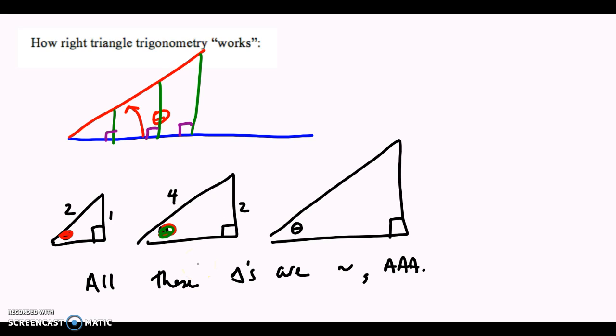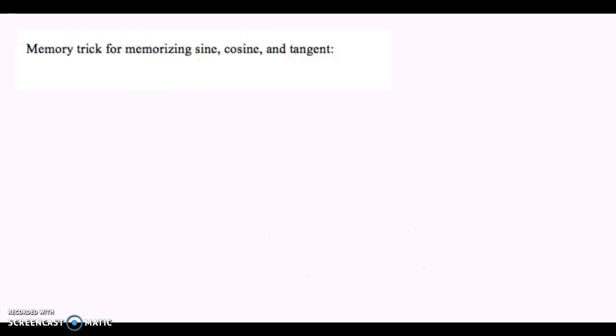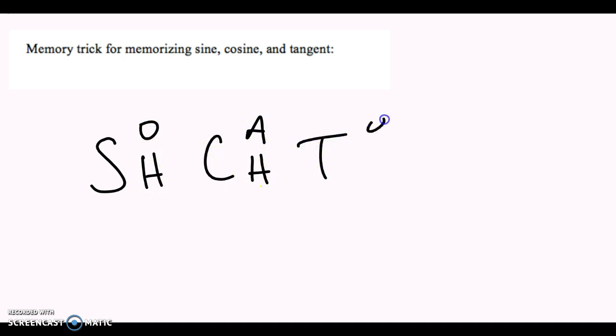Sine theta is always going to relate the opposite and the hypotenuse side for a particular angle, because every triangle formed from that one angle, given that it's a right triangle, will have a particular proportion. We already went over the trick for memorizing sine, cosine, and tangent. That's going to be SOHCAHTOA, something you should know whether you're taking calculus or not, so you can do well with the math in college.